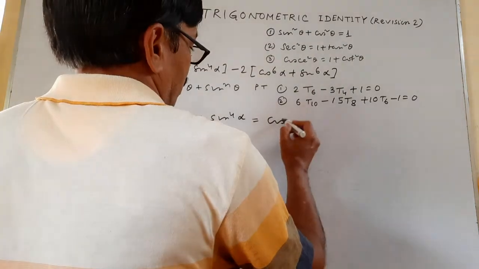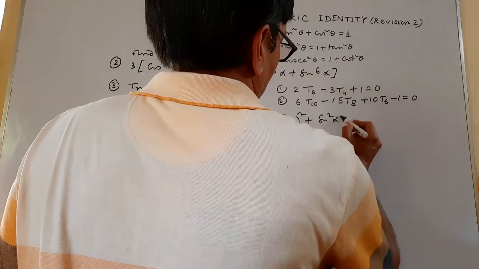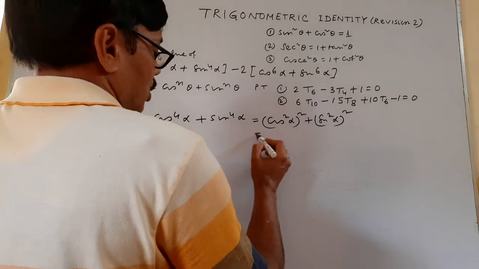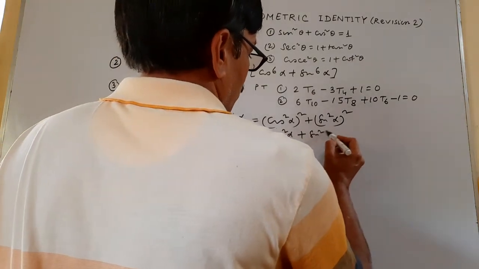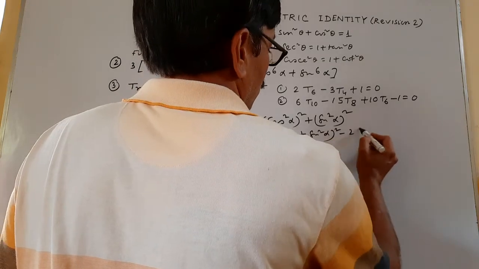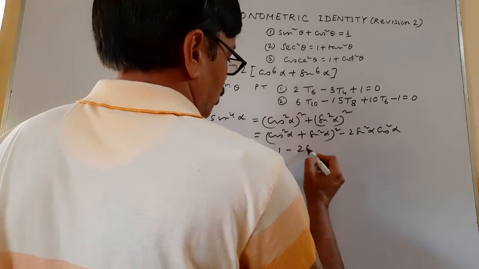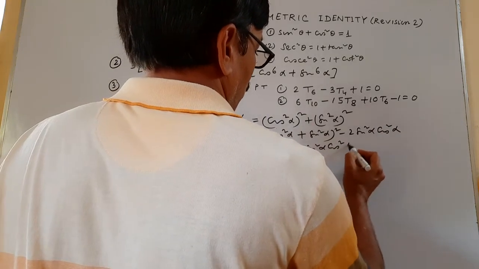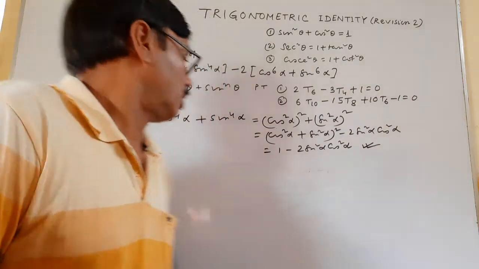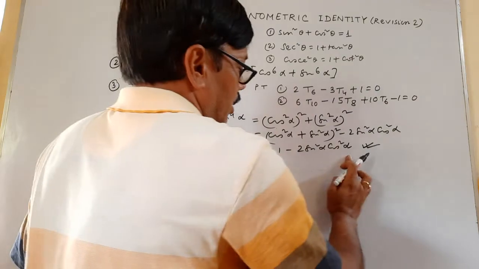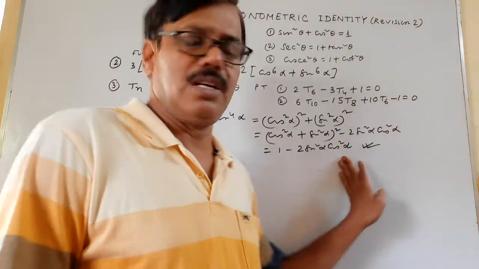So, we can write it as cos square alpha whole square plus sine square alpha whole square. This is a square plus b square, which is a plus b whole square minus 2ab. So it is 1 minus 2 sine square alpha cos square alpha. We use this result directly.